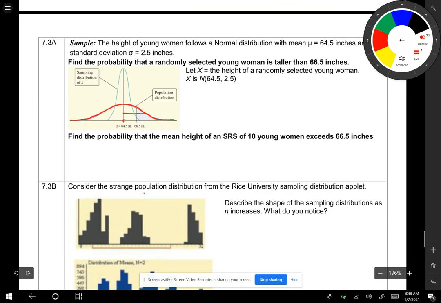So we can use our normal CDF. The population distribution is normal. Mean is 64.5 inches. Standard deviation is 2.5 inches. So normal CDF. Lower bound is 66.5.